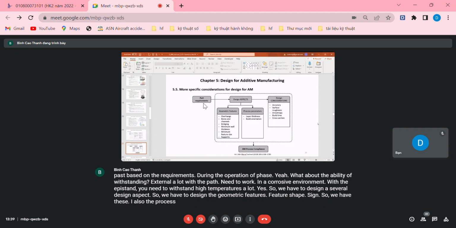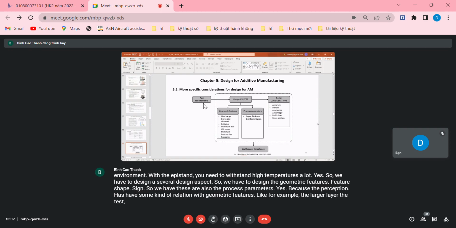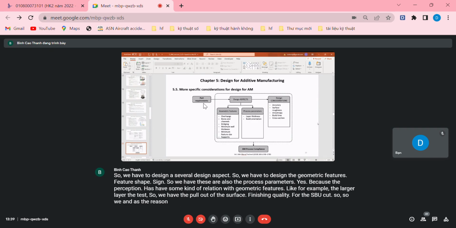We also have to design the process parameters, because the process parameters have some kind of relation with geometric features. For example, the larger the layer thickness, the poorer the surface finishing quality of the part.